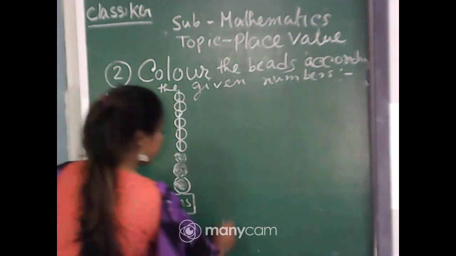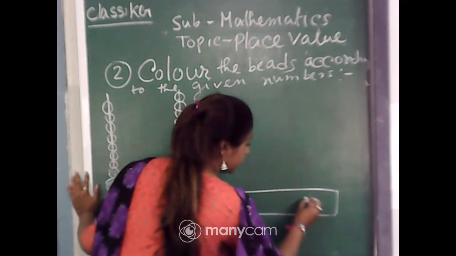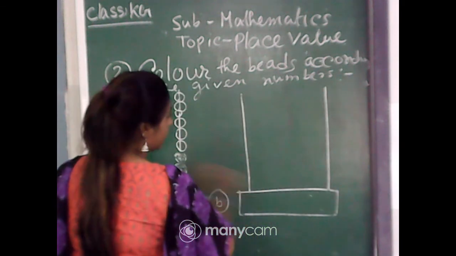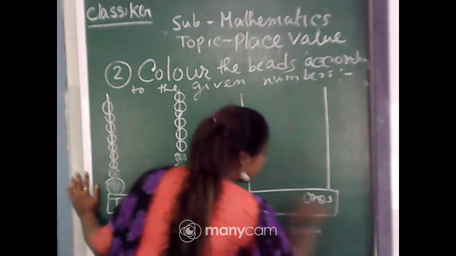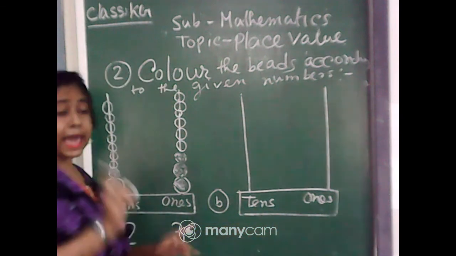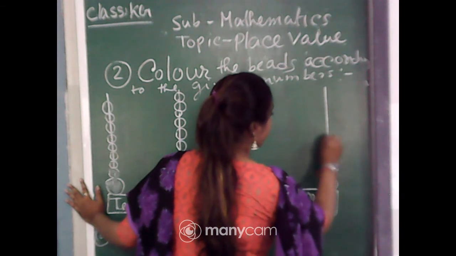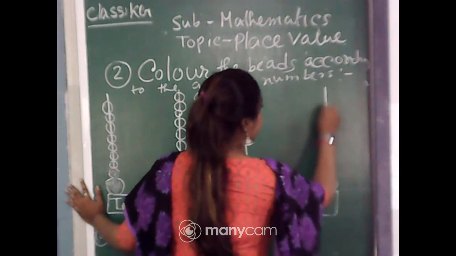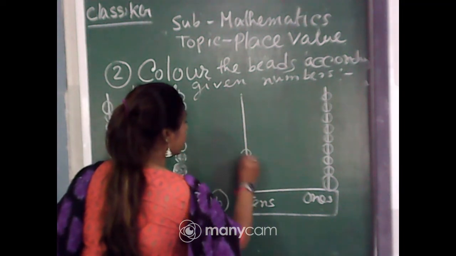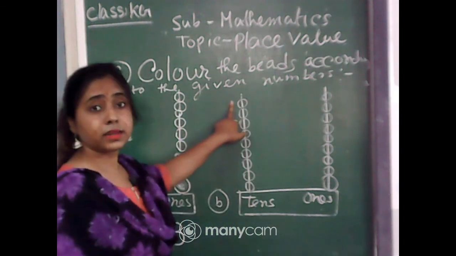Next, number B. Again I am drawing another column and writing ones and tens. This is very important. First you have to write ones and tens, and you have to draw 1 to 9 in the ones column, and in the tens column also 1 to 9, not 10, only 9.